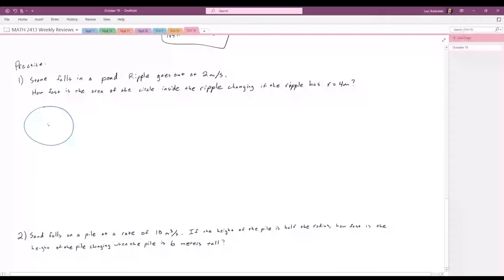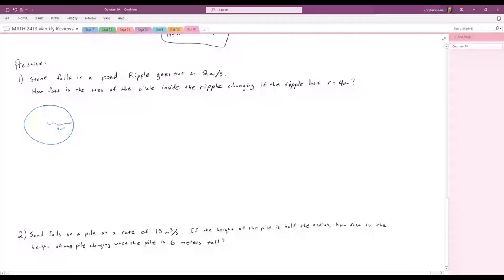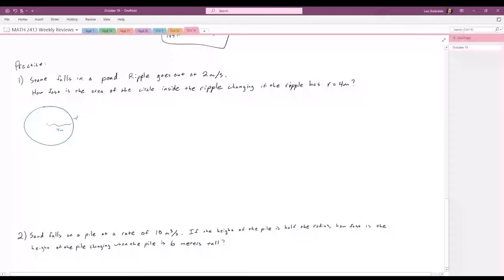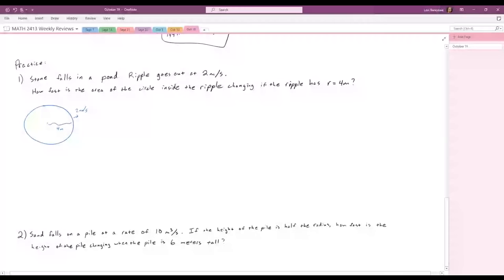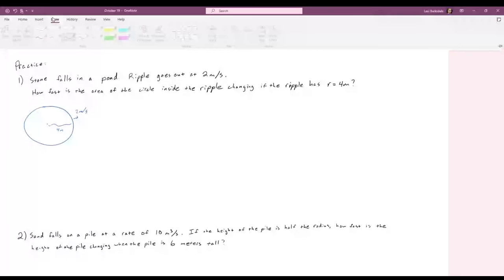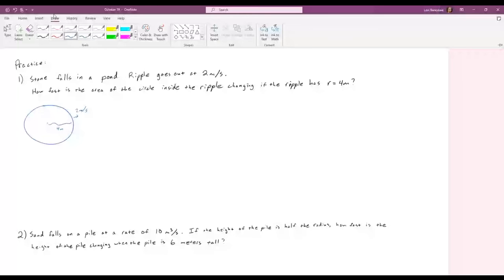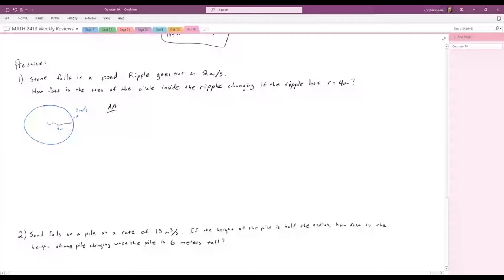Our radius is 4 meters currently, and it is expanding outwards at 2 meters per second. Specifically, we are asked to find dA over dt. And we know that dr over dt is 2 meters per second, and r is equal to 4.